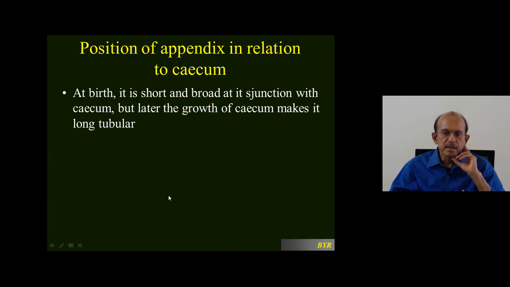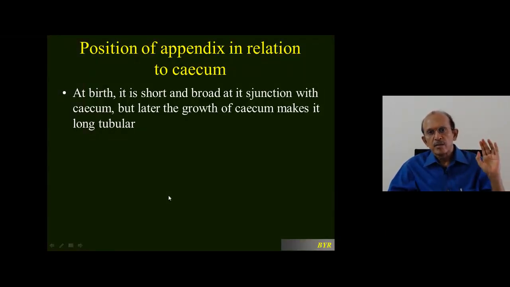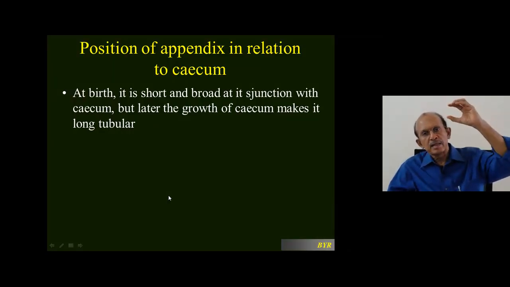Position of appendix in relation to cecum. At birth, the appendix is short and broad at its junction with the cecum. But later, the growth of the cecum makes it long and tubular. Initially, we have seen in the development of the colon, during the third stage of rotation of the midgut, the cecum is at the subhepatic region.